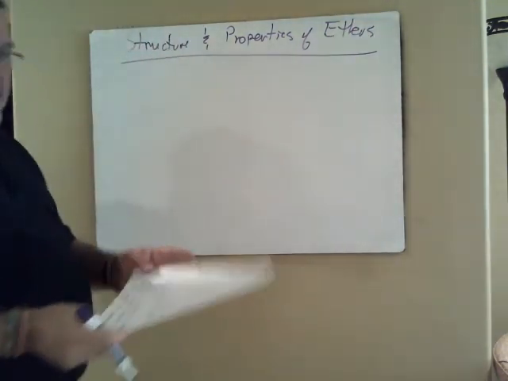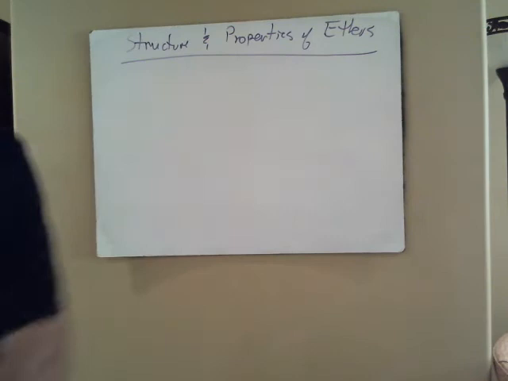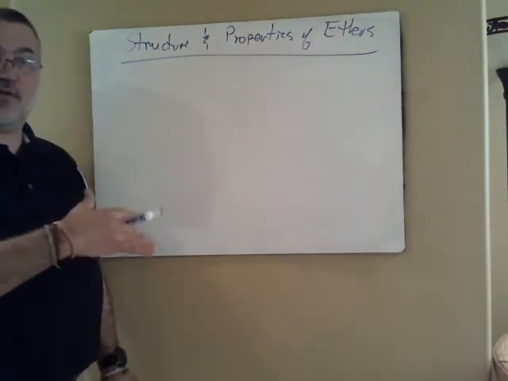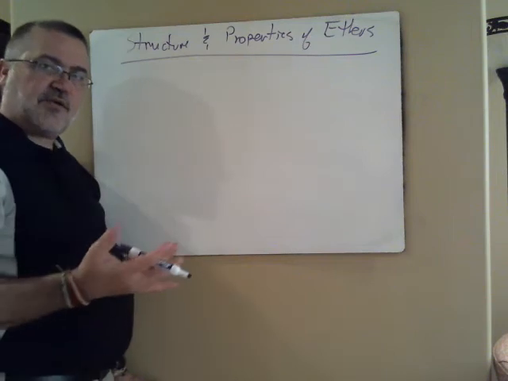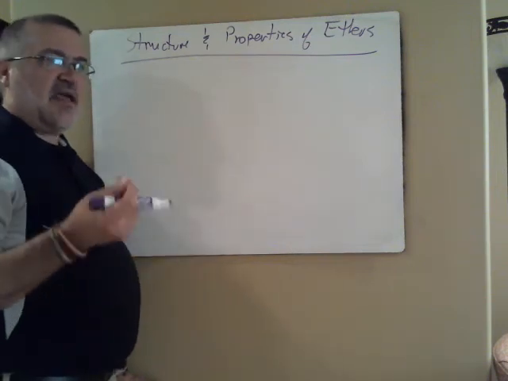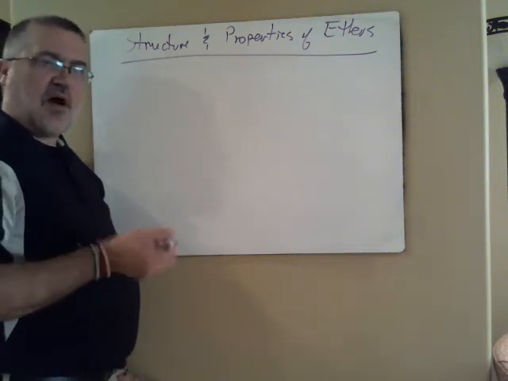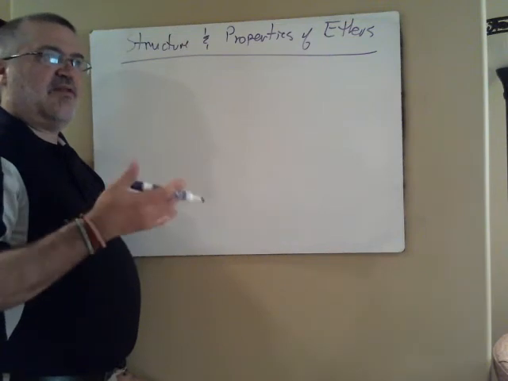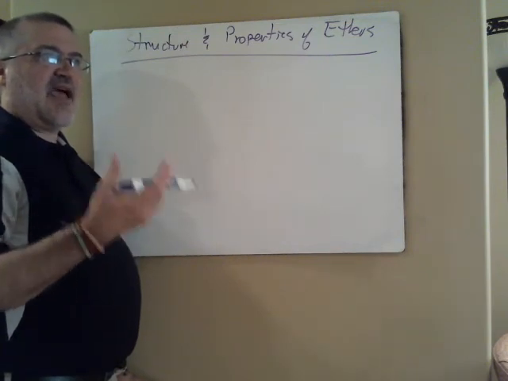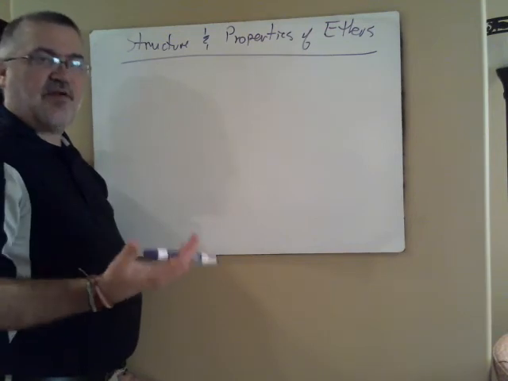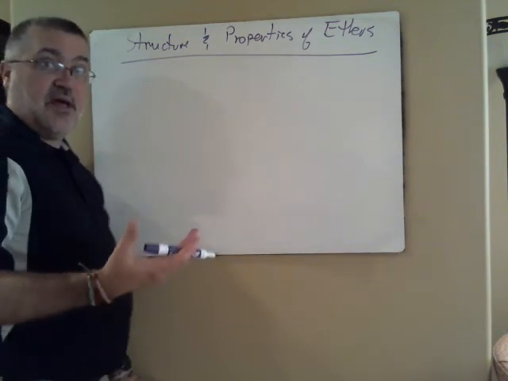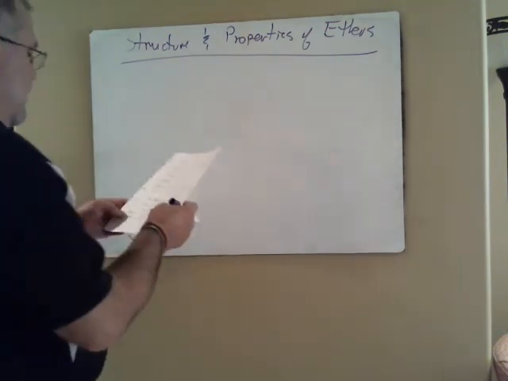Okay, now, we don't have to go a lot into this. Remember how we talked about the fact that alcohols were closely related to water structurally? It's the same thing. Ethers are related to water in a way because you're basically just replacing the H on an alcohol with another alkyl residue. And so structurally, they're very similar.